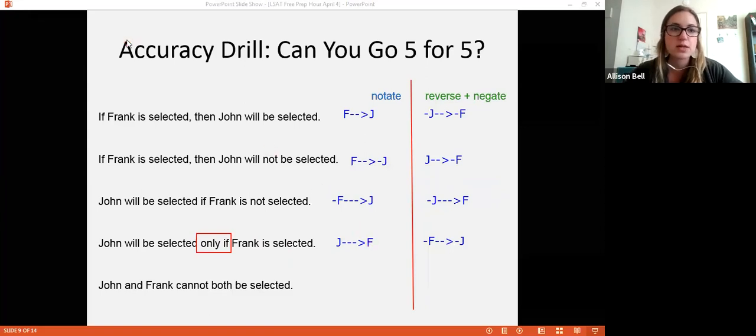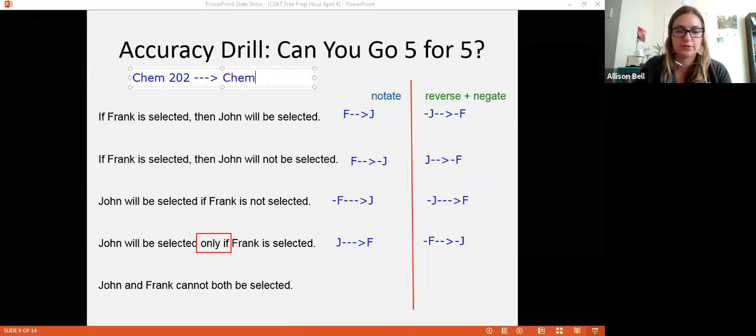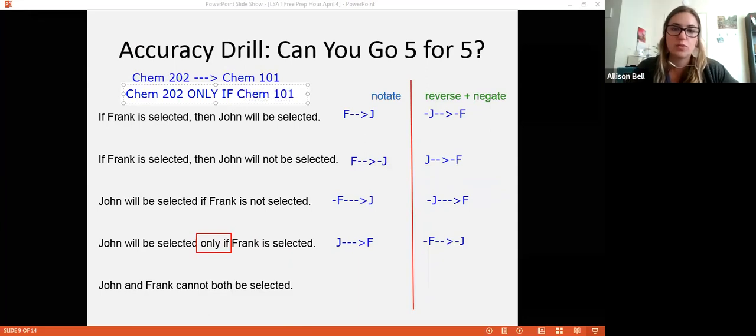Another way to think about this is if I say, I can take Chem 202 only if I've taken Chem 101. So I have, if I'm in Chem 202, then I must have taken Chem 101. But I wouldn't write it with just an if. I would write, I can take Chem 202 only if I take Chem 101.